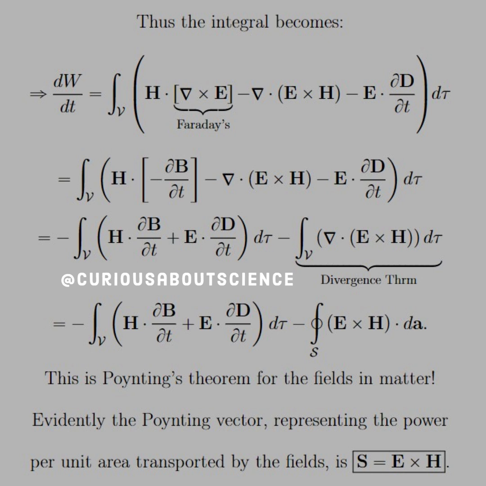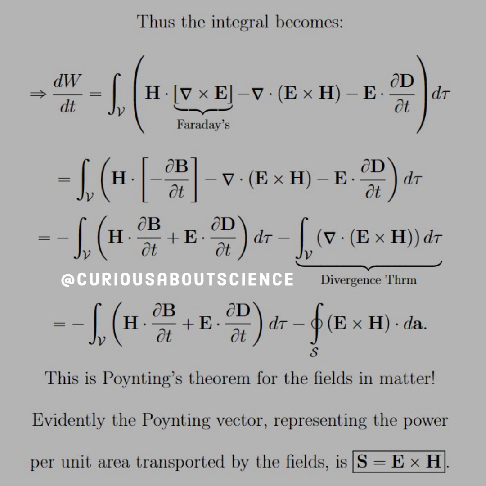Then we bring down the partial derivative integral with us after we substitute it in with the divergence theorem. So then we have the closed integral of E cross H dot dA. And sure enough, this is Poynting's theorem for the fields in matter.